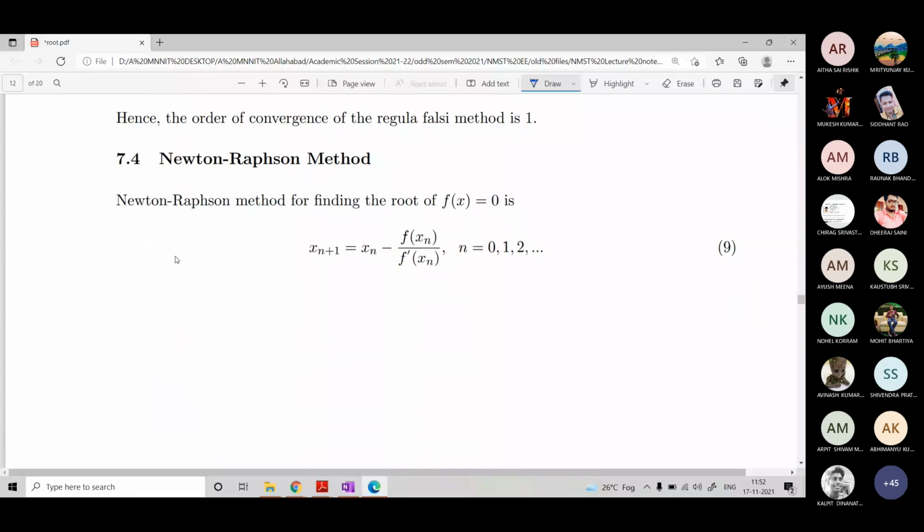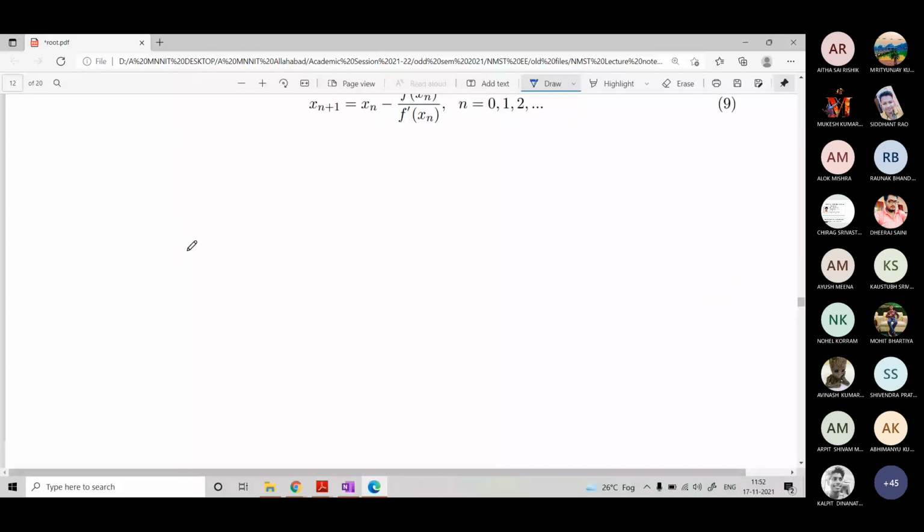So this is the Newton-Raphson method. What is the formula? Do you recall? Let me hide it and you tell me the formula. What is xn plus 1? xn minus f of xn by f dash of xn.